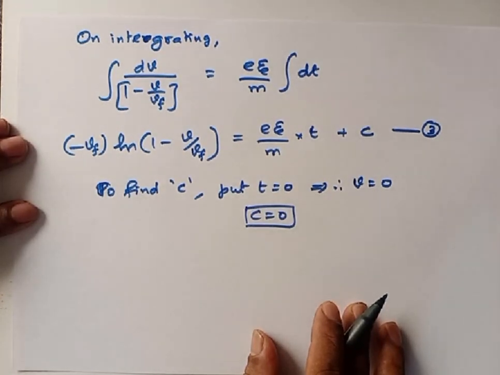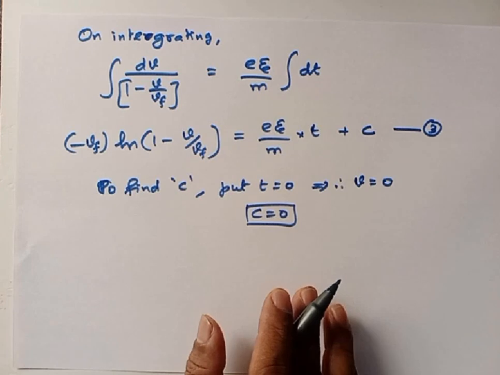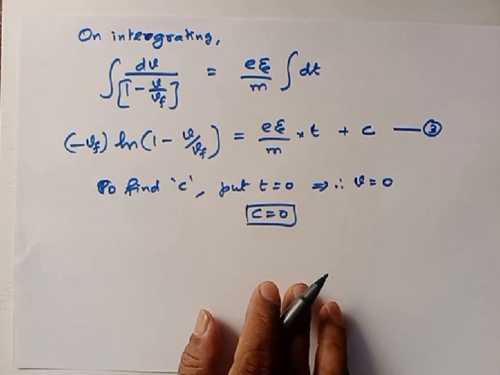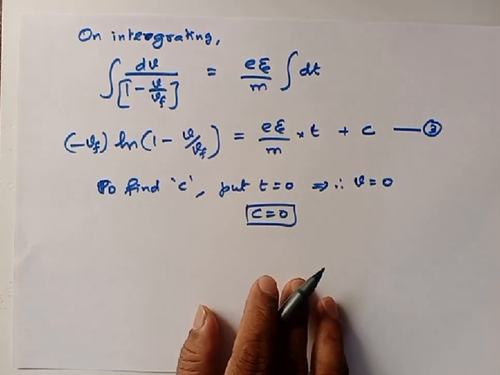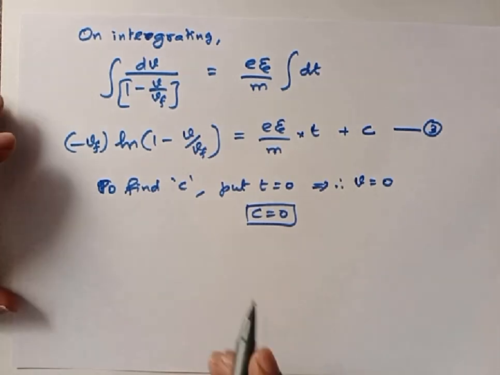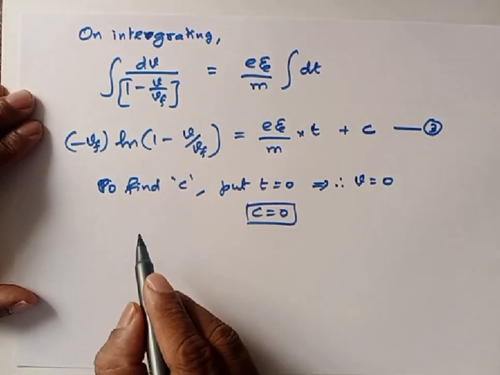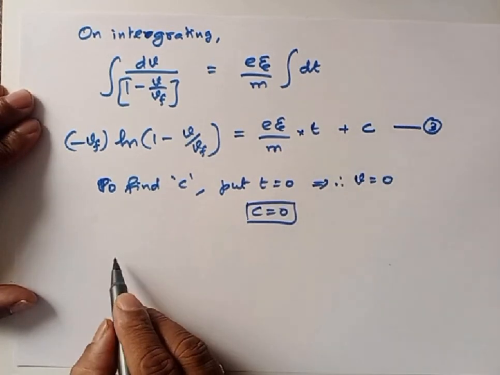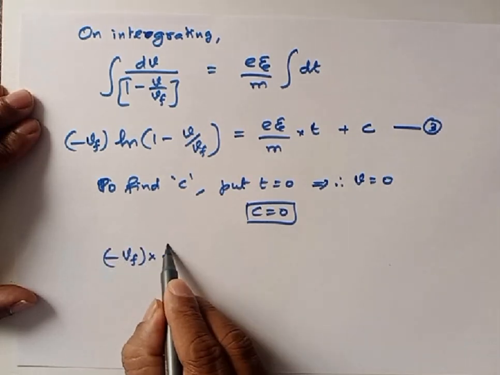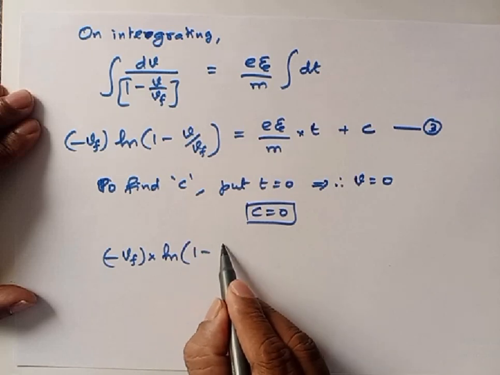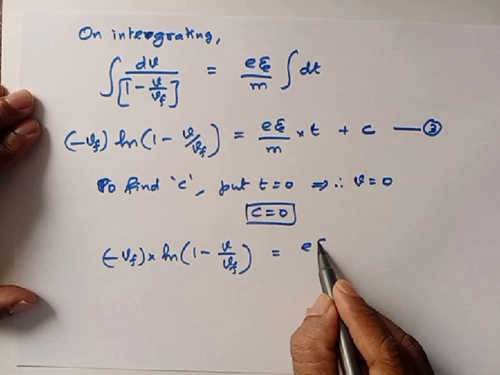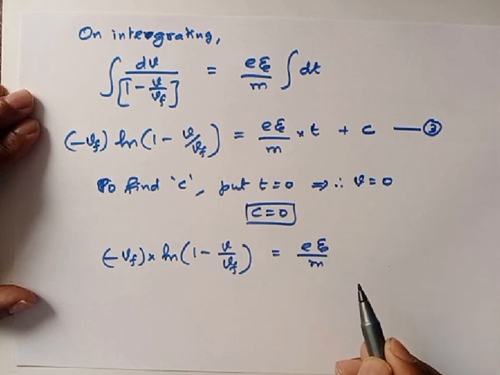Clear? This is a very important thing, so keep it in mind. Since C is 0, I can write this as minus Vf into ln of 1 minus V by Vf equal to E into epsilon by m into t.